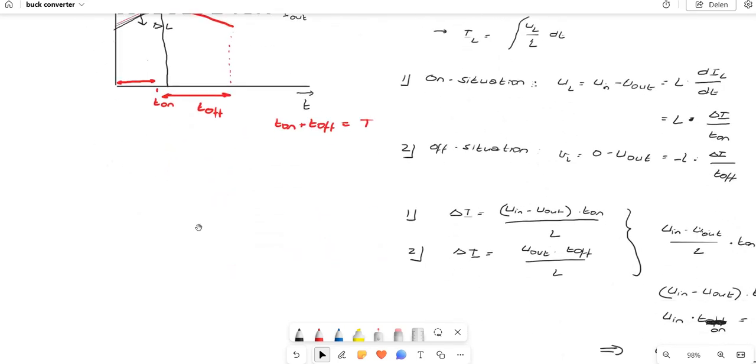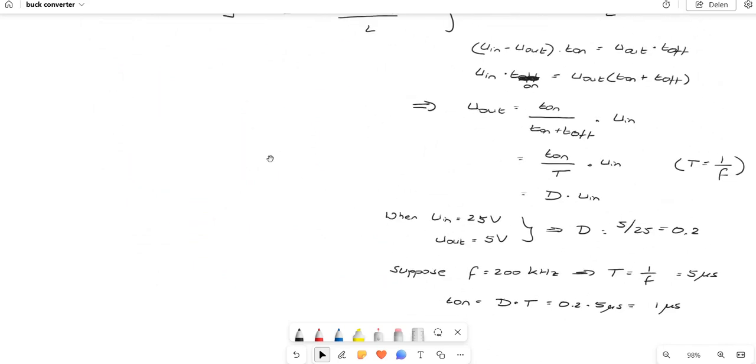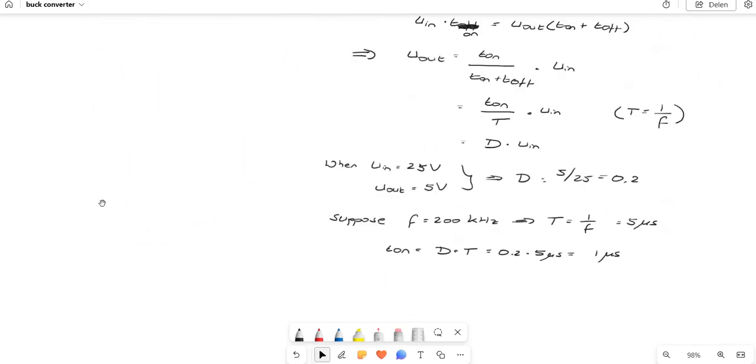So the current through the MOSFET, which I call I switch, is equal to the duty cycle times IL, which is 0.2 times 2 amps, which is 0.4 amps.